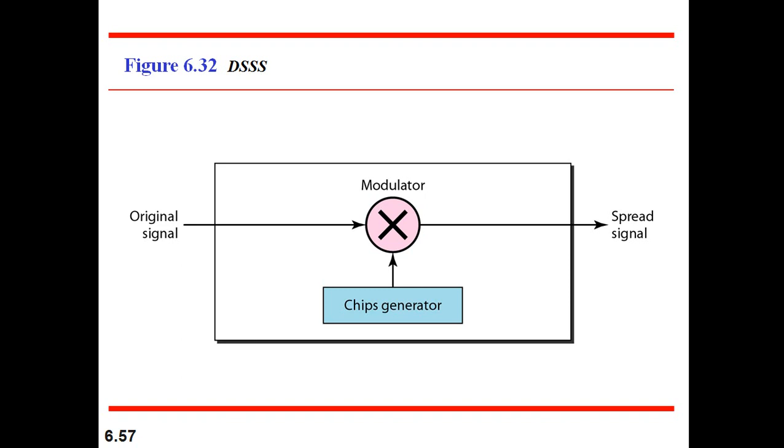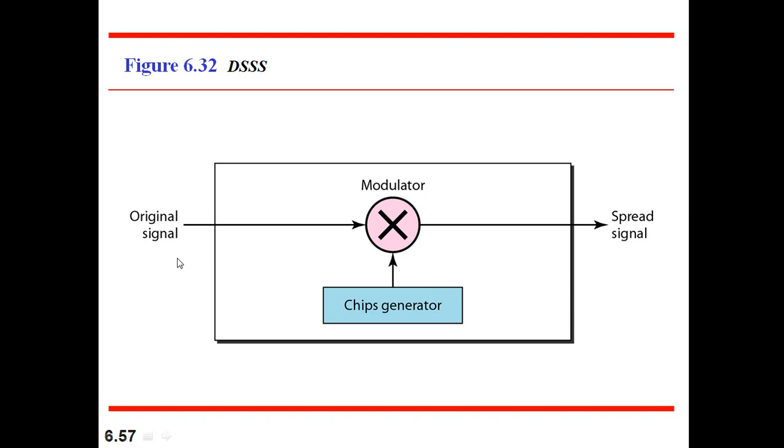This particular approach expands the bandwidth of the original signal by using some sort of chips. For that reason we say that this process is different from the previous one.